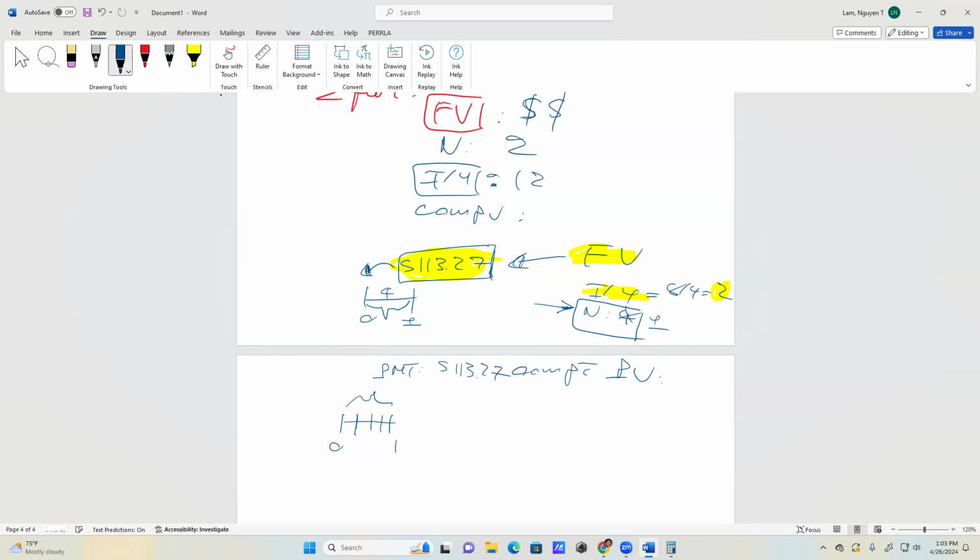So each of these is 5113, right? If you take a look, that is actually just one period.